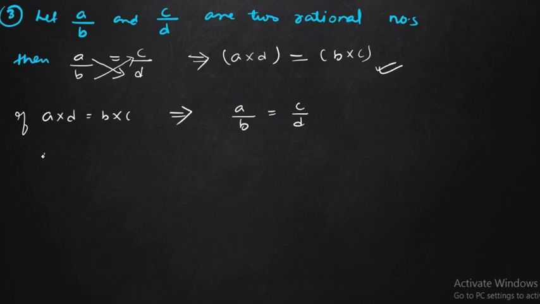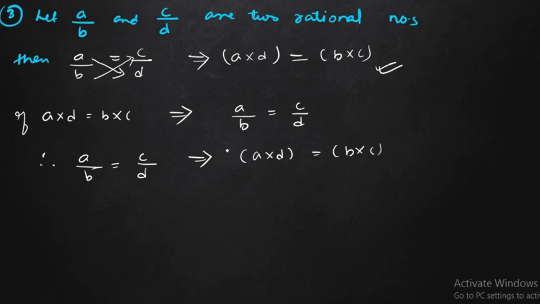Therefore we can say that if a by b equals c by d, then this can be written as a into d equals b into c, and if ad equals b into c, then this can be written as a by b equals c by d. Both way implication means if the left side holds true, then the right side also holds true, and if the right hand side is true, then the left hand side is also true. Okay. So in this way we can simplify the fractions.